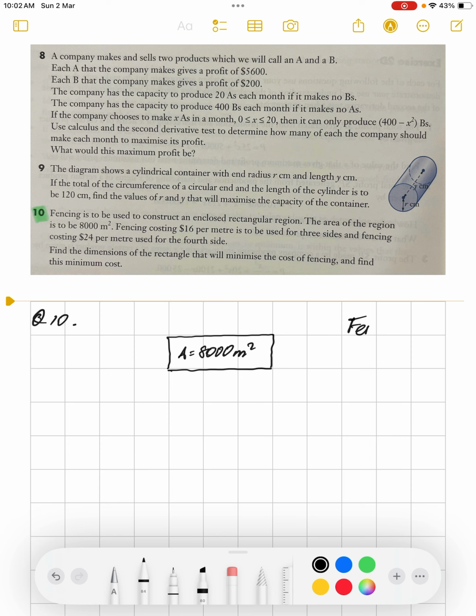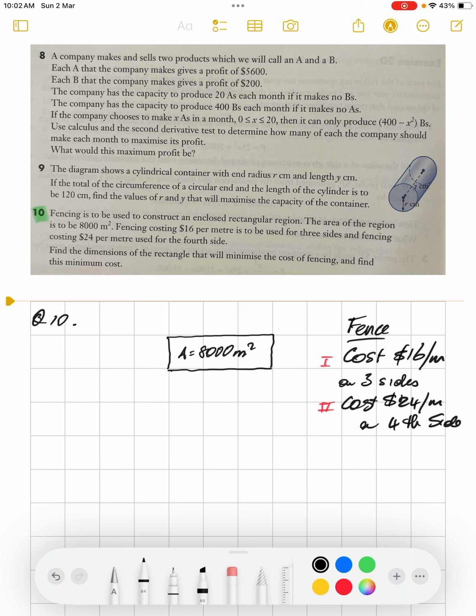The fence costs $16 per meter on three sides, and the cost is $24 per meter on the fourth side.